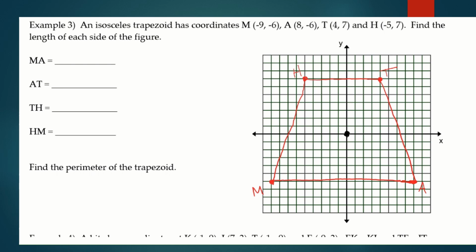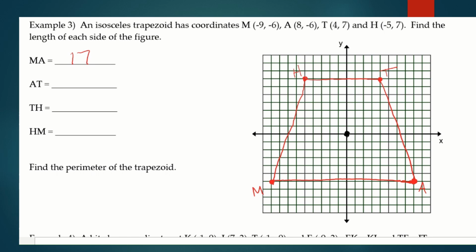So counting from point M to point A, oh goodness, this is not a very good trapezoid, I apologize. Alright, so counting from M to A, 1, 2, 3, 4, 5, 6, 7, 8, 9, 10, 11, 12, 13, 14, 15, 16, 17. Okay, so from M to A, it's 17 units.